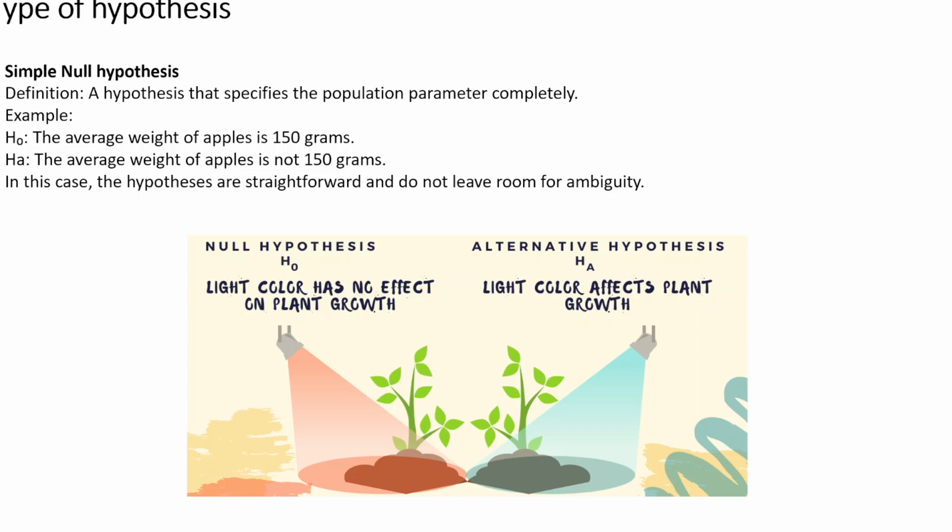If I specify a significance level of 0.05, and the p-value we get from our sample mean is less than 0.05, then we reject the null hypothesis. The null hypothesis here is that the average weight of the apple is 150 grams.